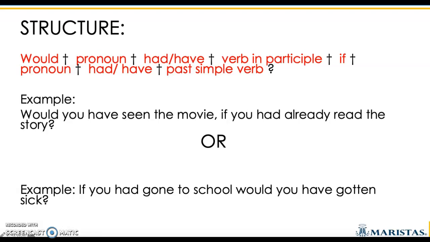So basically, when you change the structure, you are pushing this to the front and this to the back. That's why the past simple verb is here and the past participle verb is here. Okay, let's look at other examples.